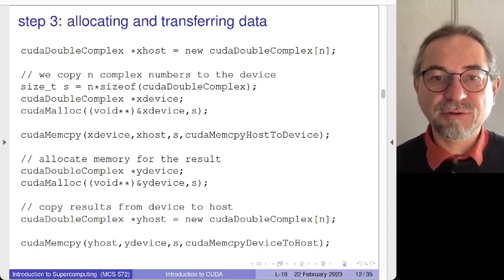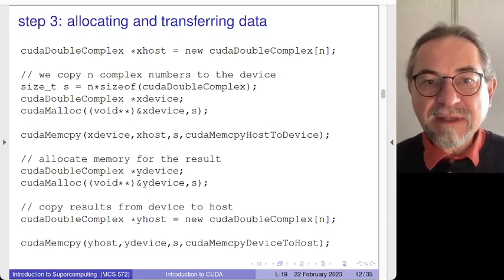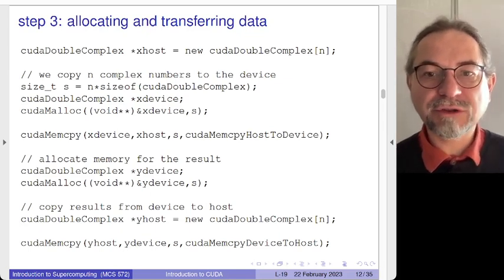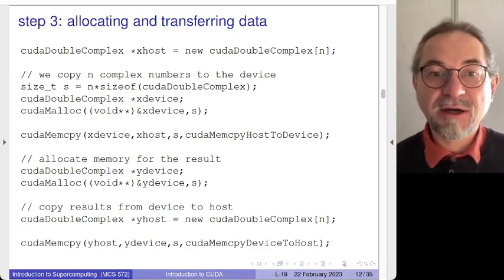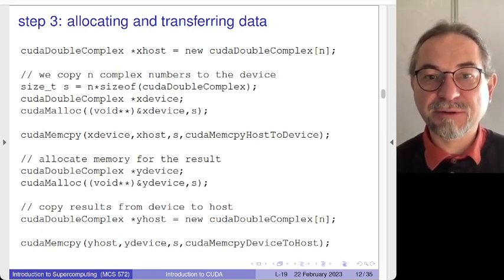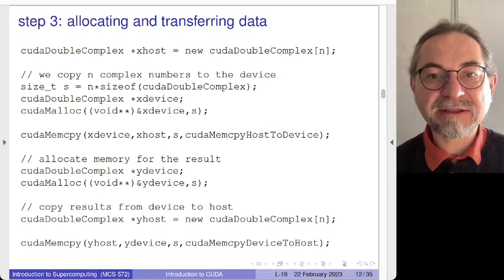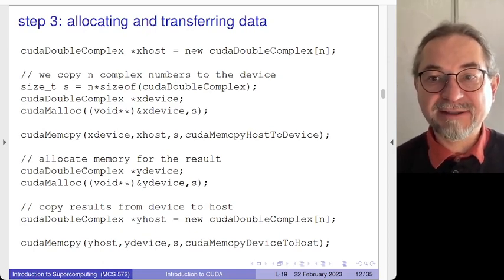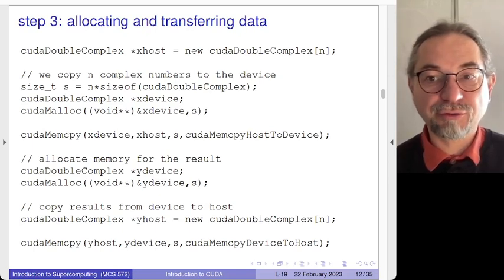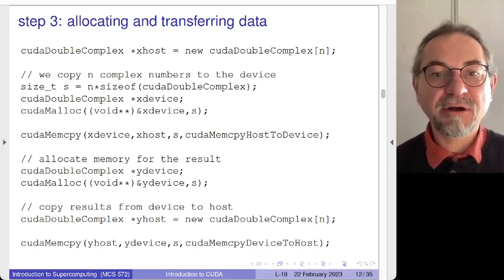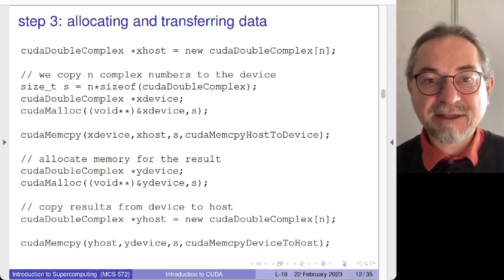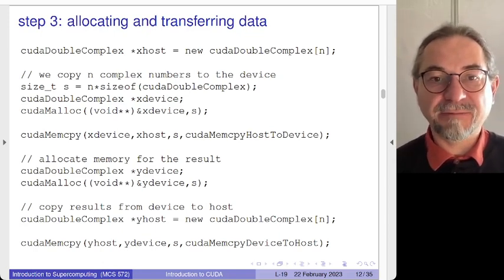So we have to allocate explicitly here the memory on the host. So I will use complex variables, call them CUDA double complex. CUDA, by the way, has the data type double 2, which is convenient to store the real and the imaginary part of every complex number. So we have the X host and the X device.